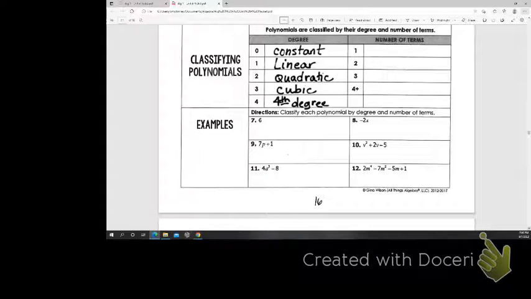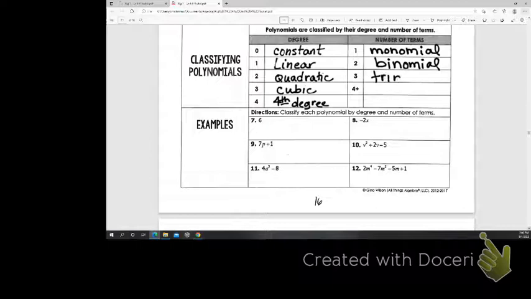If there's only one term, well, that's what we just worked with yesterday and today. Those are monomials. If there are two terms, these kind of should make sense to you. They are binomials. How about, anyone want to take a guess about 3 terms?